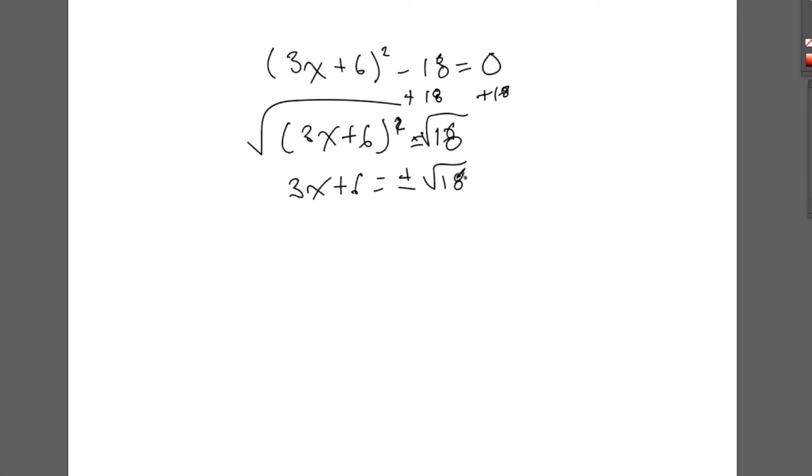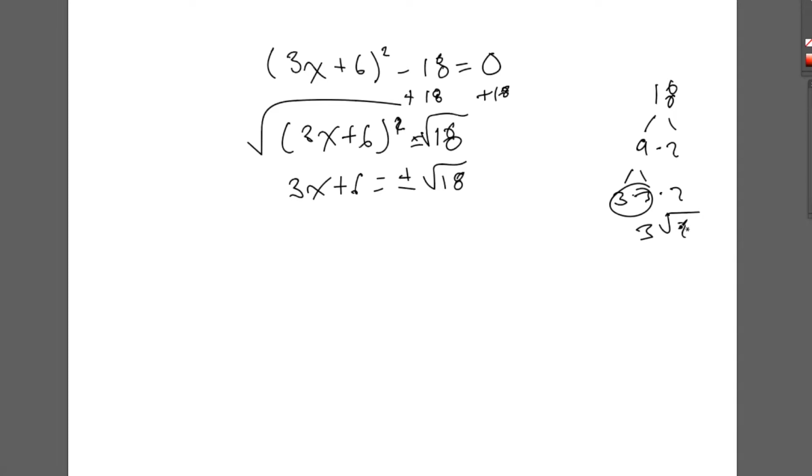So we have to break down 18, and then that would be 9 times 2, 3 times 3 times 2, so that would be 3 radical 2.